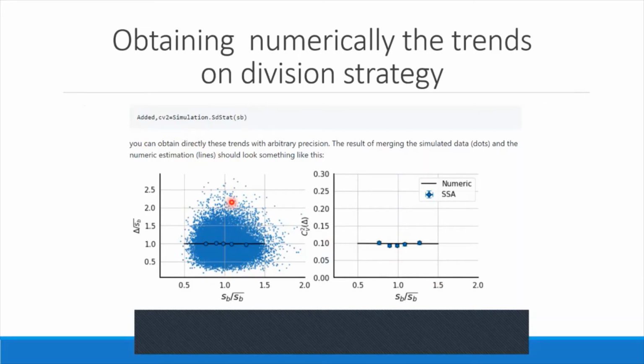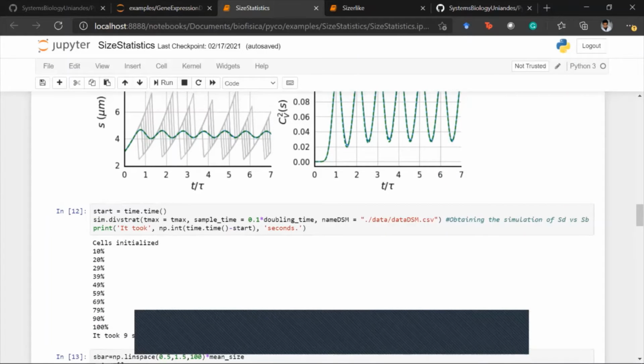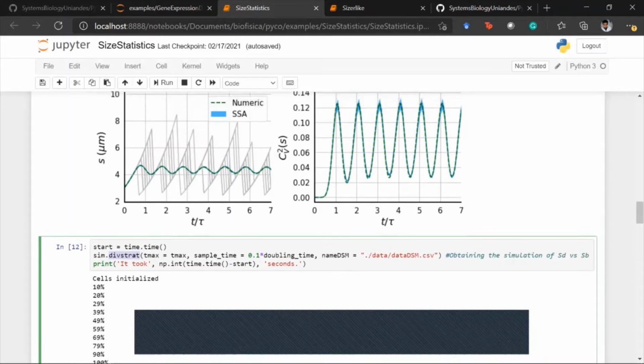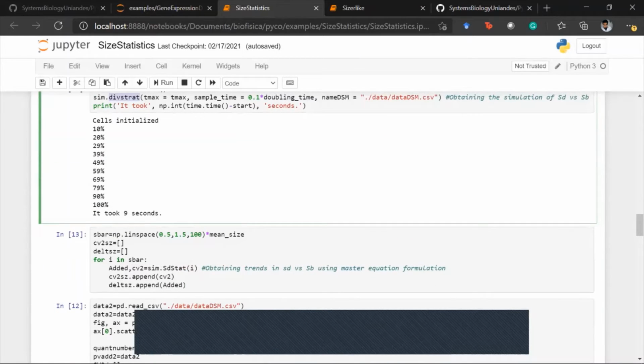And you can compare the simulation with this trend using this example, first running the div_strat, and then using the function sdstat that comes from size at division statistics, giving an array of the size at birth.